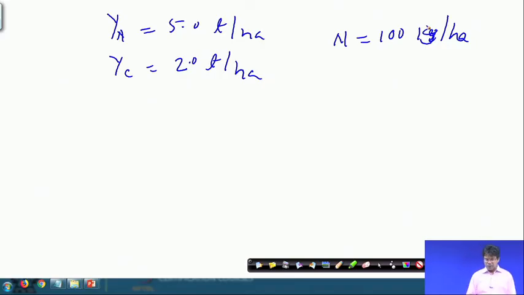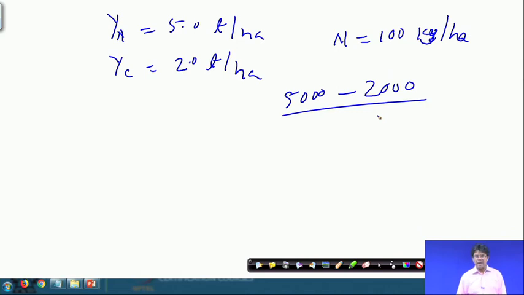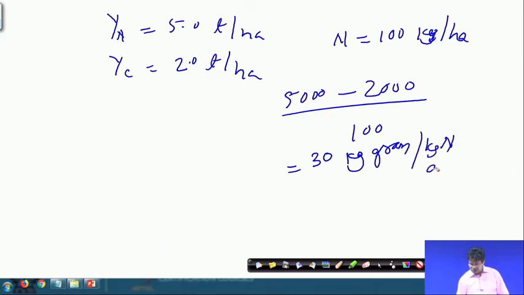If you calculate the agronomic efficiency, the yield in the treated plot, that is 5000 kg, minus the control plot 2000 kg, divided by the amount of fertilizer applied, that is 100 kg. That comes to 3000 by 100, that is 30 kg grain per kg N applied. That is the agronomic efficiency: how much yield per unit of fertilizer applied.